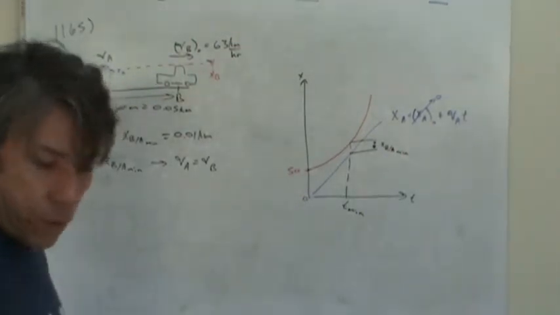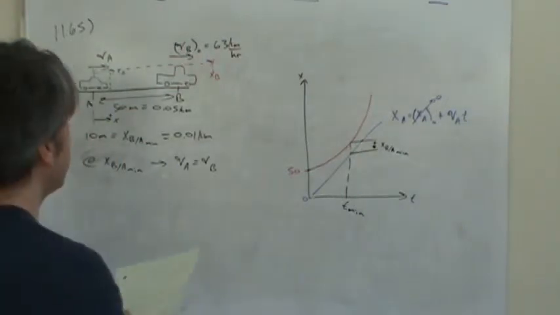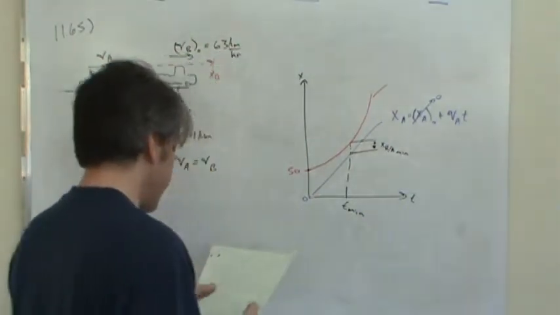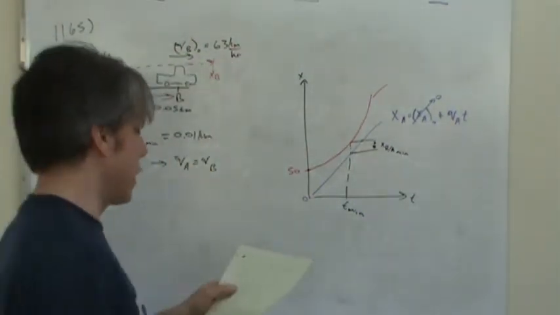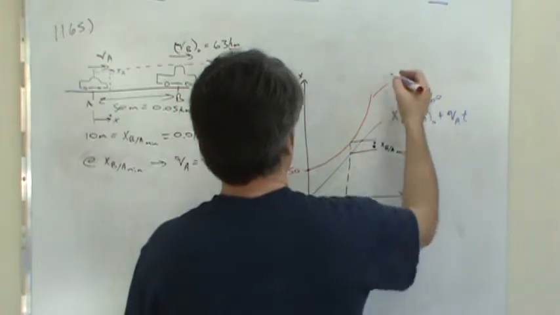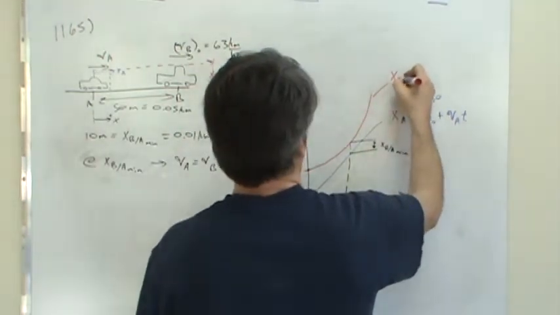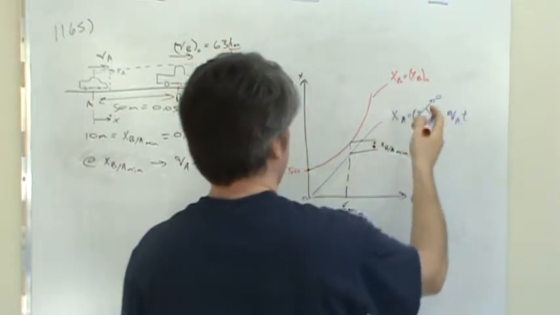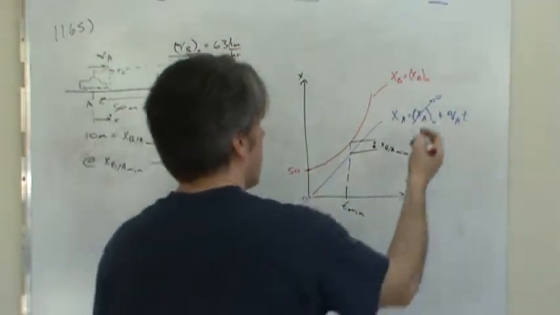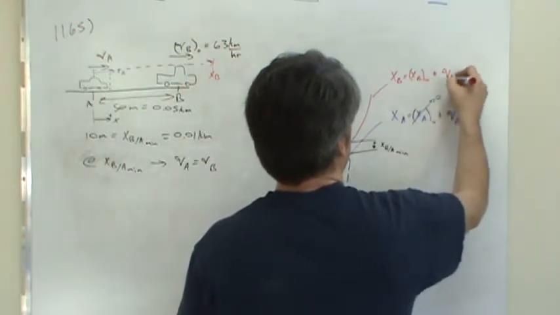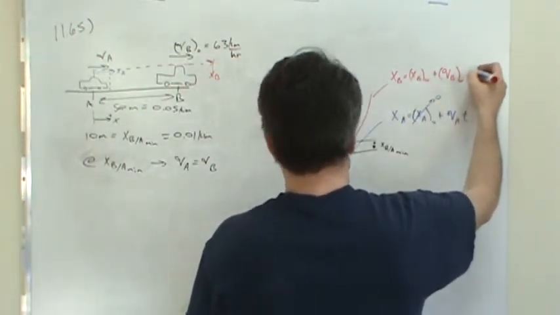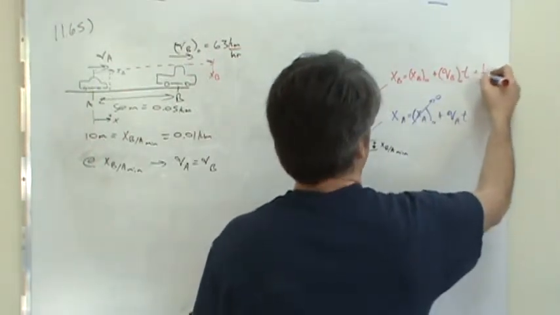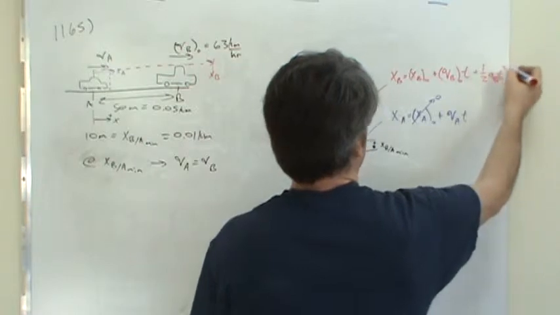Now the equation for B, the truck, the equation of this line, in other words, will be a little bit more complicated, but not too bad, because we know that the position of B will be equal to the initial position of B, which is not 0, of course, that's the 50, plus the initial velocity of B times however much time elapses, plus 1/2 the acceleration of B times t squared.